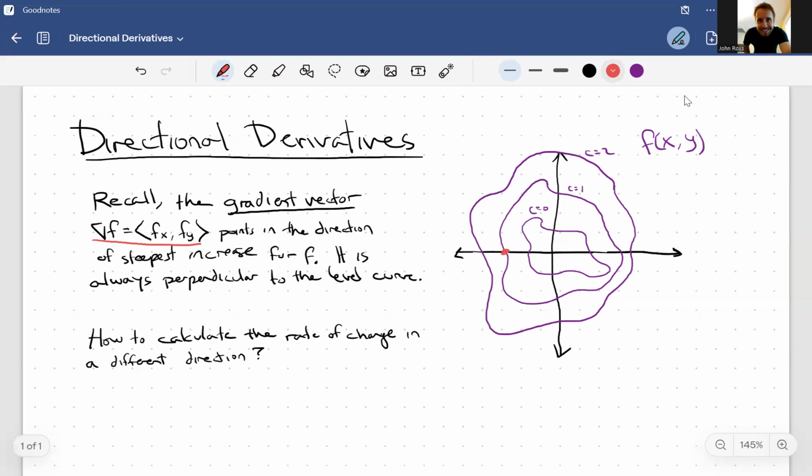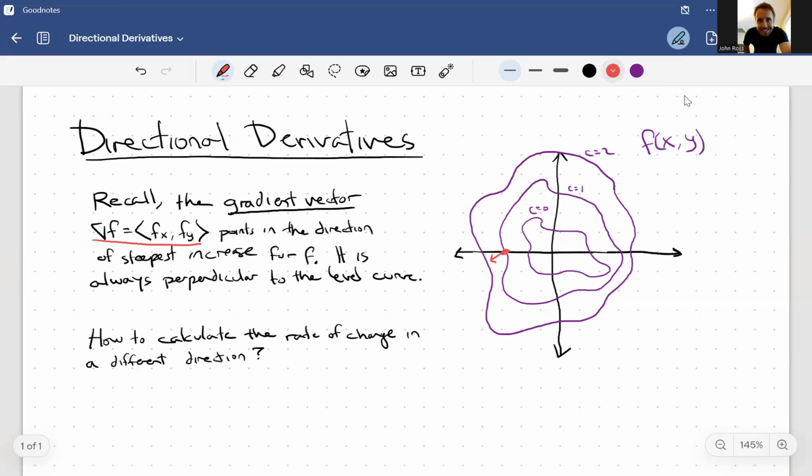And that vector would point in the direction of steepest increase for the function f at that point. At this point, we can see that the function is increasing most rapidly if we were moving roughly in this direction. And so we can imagine that the gradient, if we explicitly computed it, would point in that direction.